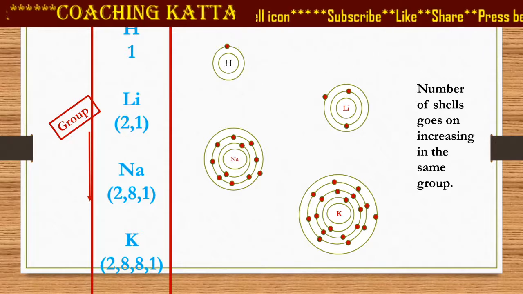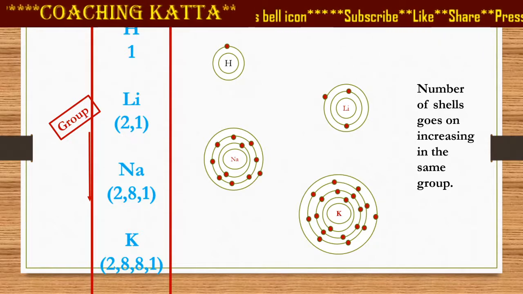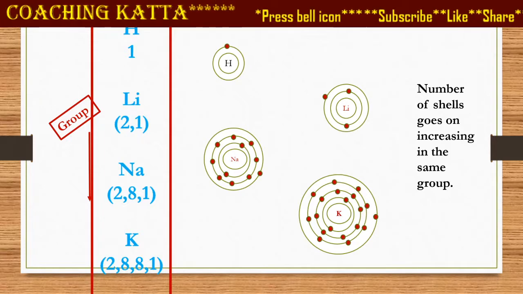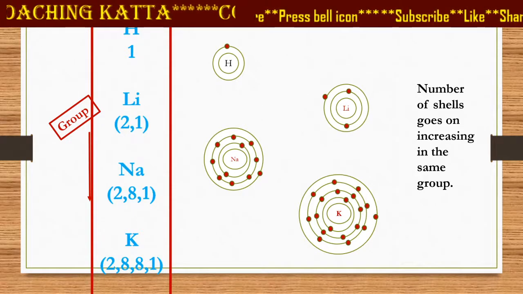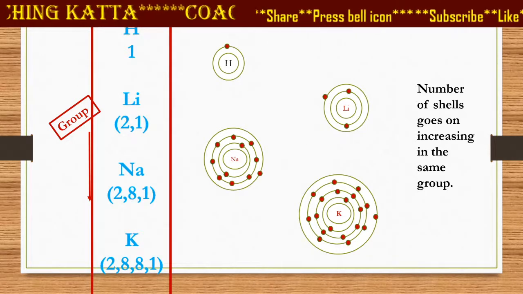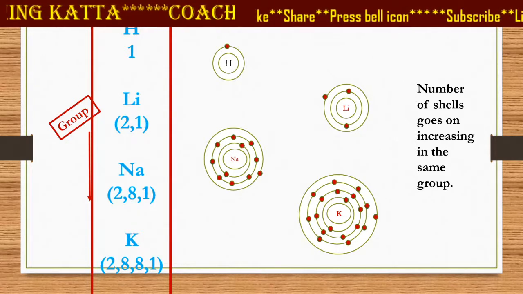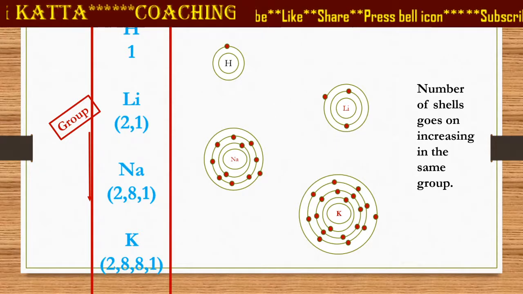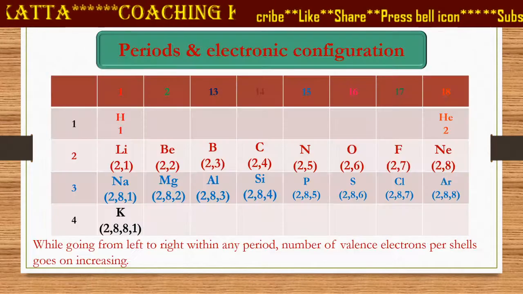Lithium contains 2 shells. In sodium, there are 3 shells. And in potassium, there are 4 shells, and so on. But their valence electrons are the same. That is, all these elements have only one valence electron in their outermost shell.